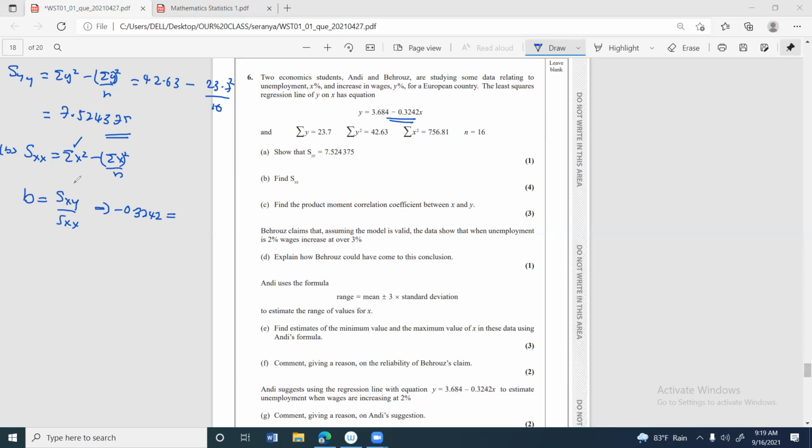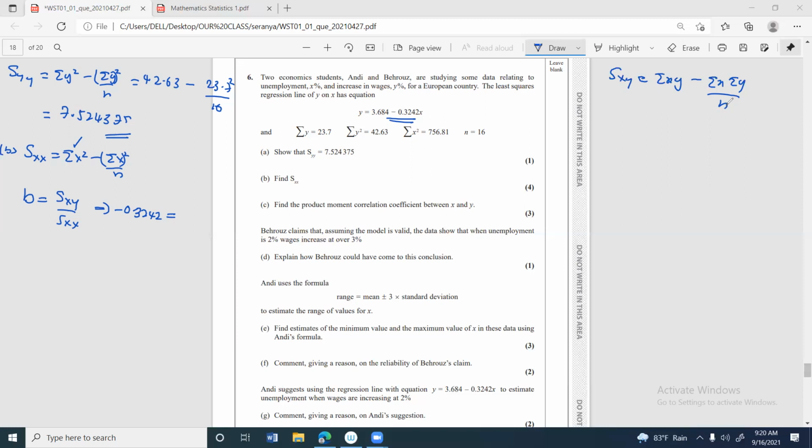This Sxy, again, we can find. We know that Sxy is equal to summation of xy minus summation of x into summation of y divided by n. Do we have any option for that? How do we get that value today?